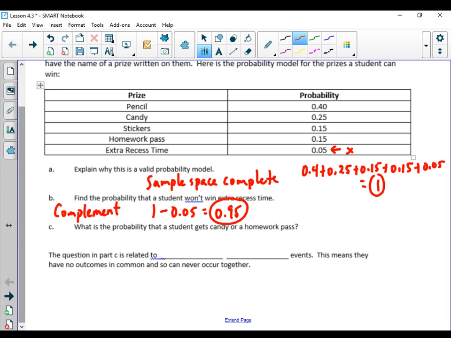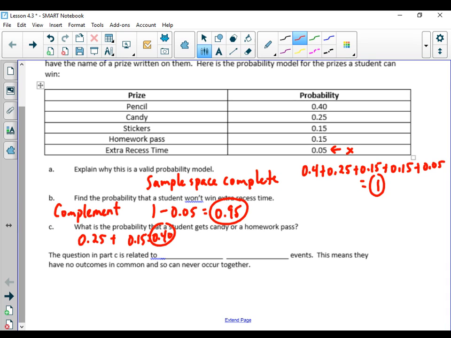Well, the next question says, what's the probability that a student gets candy or a homework pass? So the probability that they get candy is 0.25. The probability that they get a homework pass is 0.15. So if I want to know the probability of getting one or the other, I can add those two together.